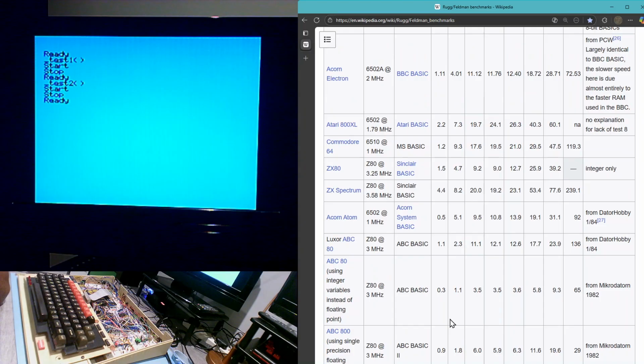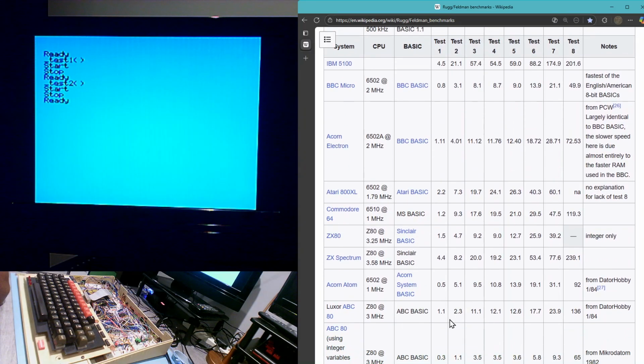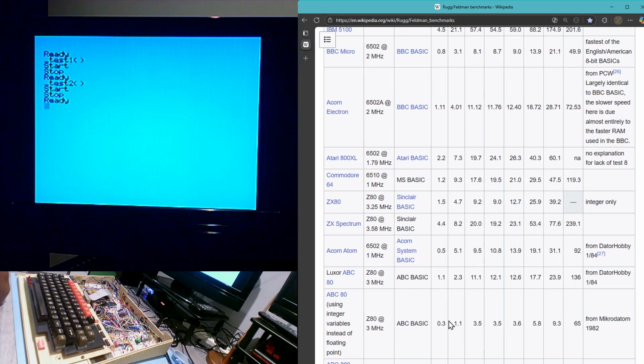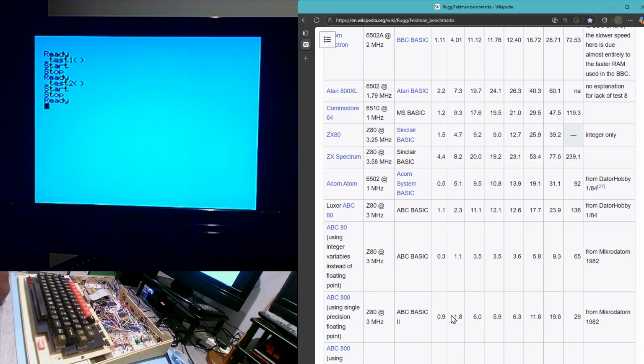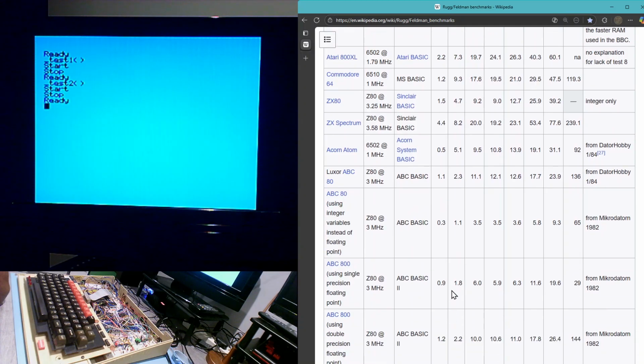In fact, I think it's actually quicker than BBC Basic overall. But yeah, that's pretty impressive. The ABC series of computers with their single precision. The BBC actually had a higher precision than this. It's actually more like this benchmark. But still, I think that's a pretty interesting computer, which I don't know much about actually.